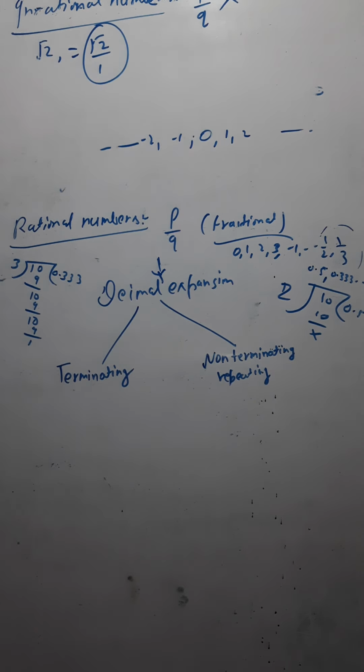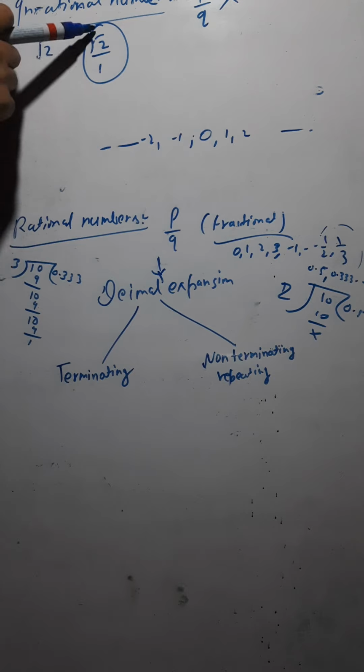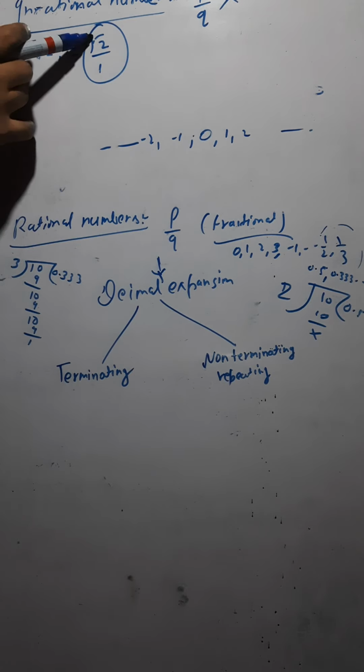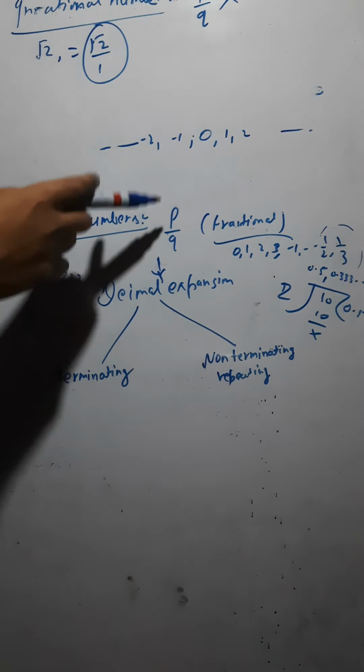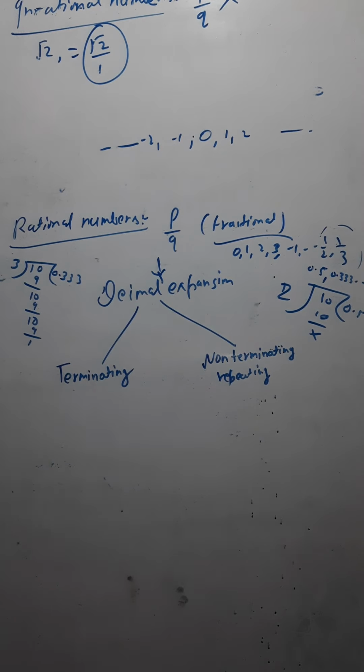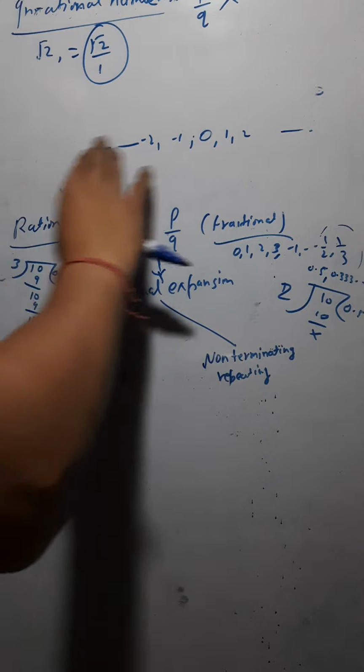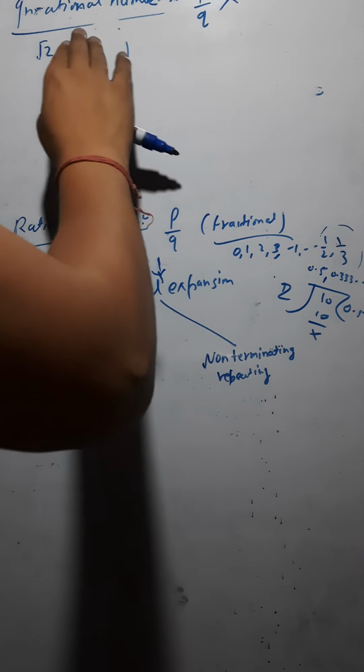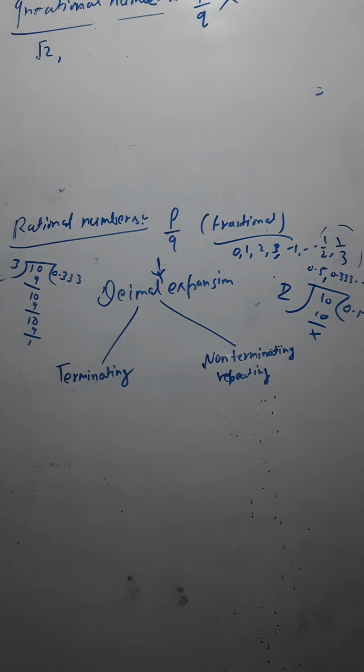Even in this form it is not a rational number, because p and q both must be integers. So hence under root 2 is an irrational number.